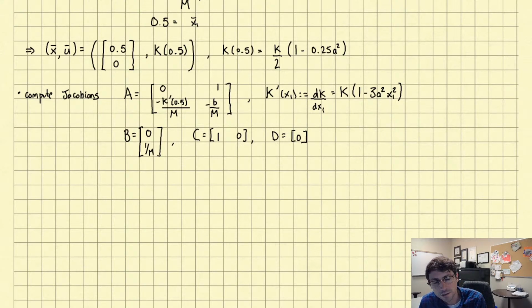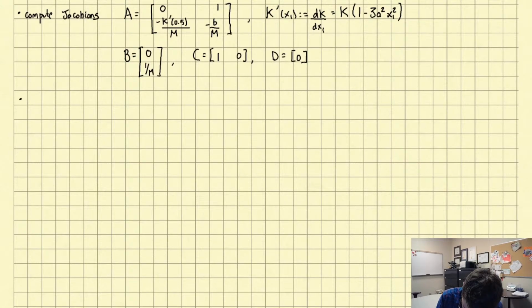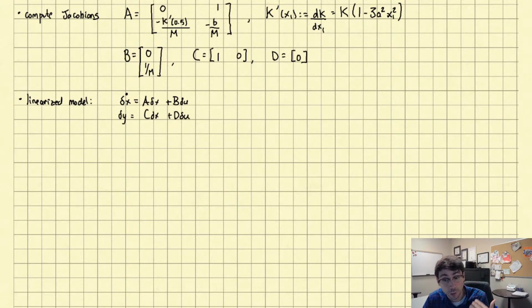So the nonlinearity gets approximated only in A. Okay, so now we have our linearized model. Okay, so this approximates our cart near the position 0.5.